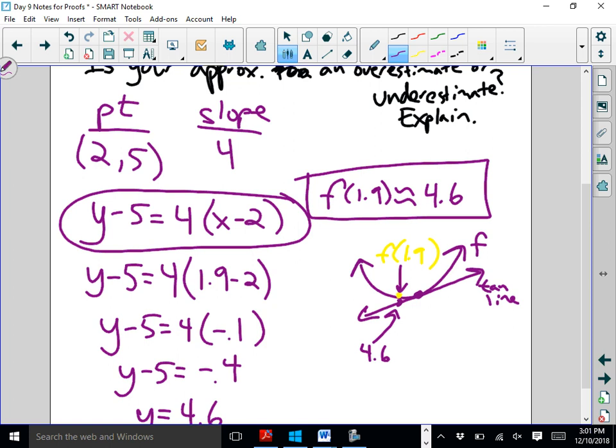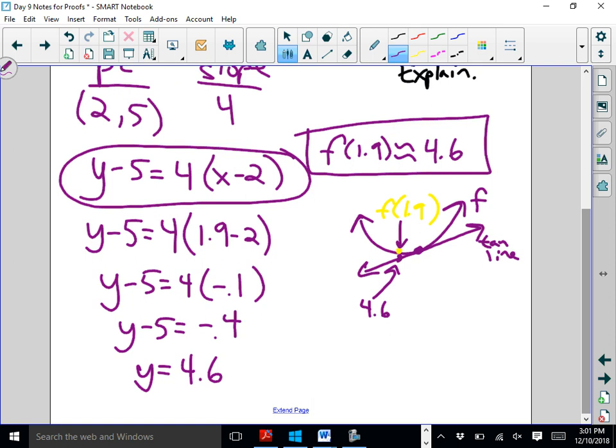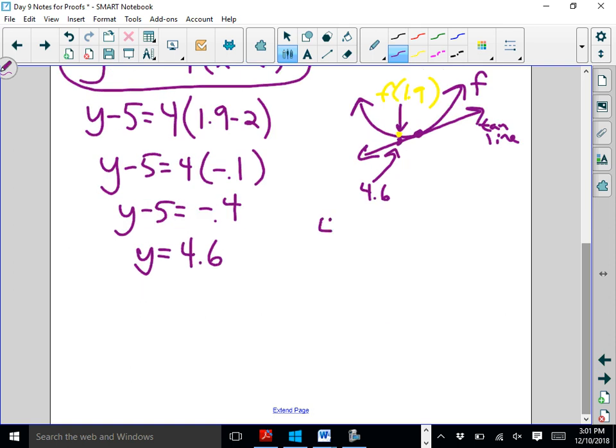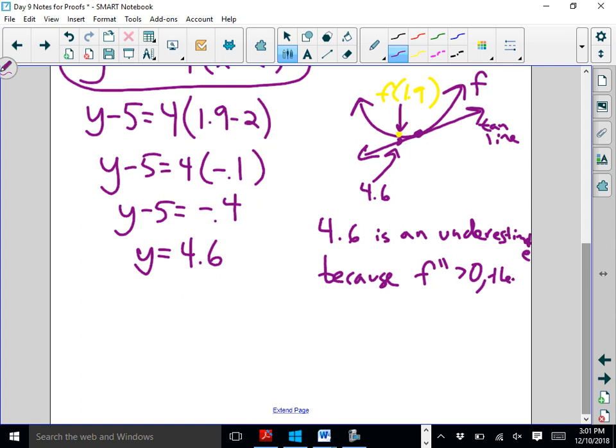So I'm going to say 4.6 is an underestimate because f double prime is greater than 0, therefore, sorry, my handwriting's bad here, therefore f is concave up, and the tangent line is always going to lie below the curve.